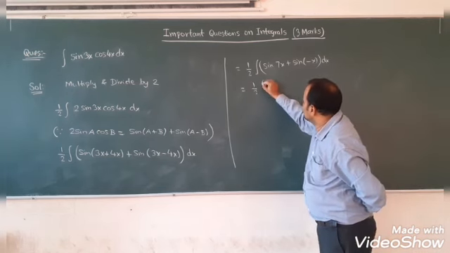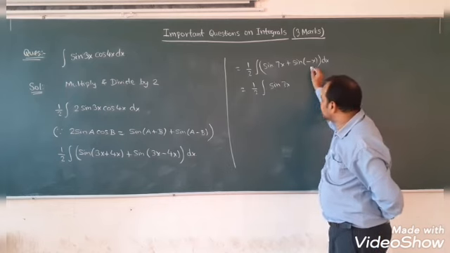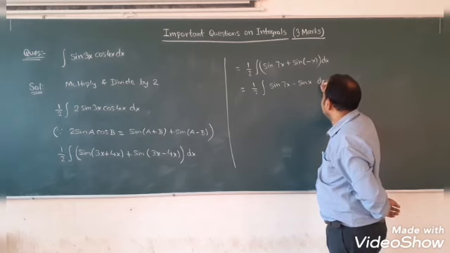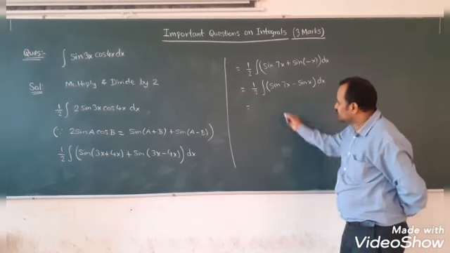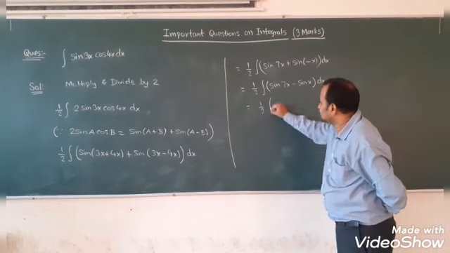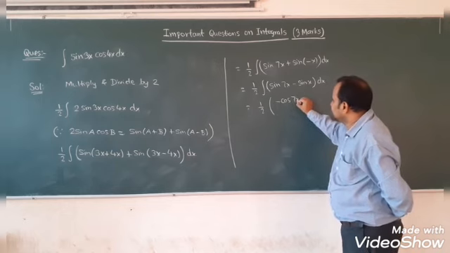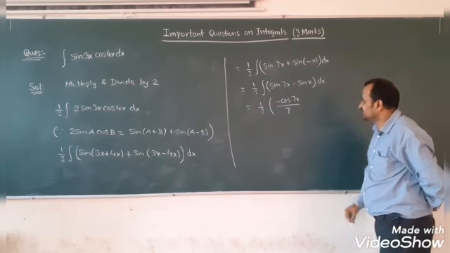So 1 by 2, sine 7x. What is sine of minus x? Minus sine x, dx. Now find the integral. So 1 by 2: what is the integral of sine? Minus cos 7x. Since 7 is multiplied inside, you have to divide by 7.